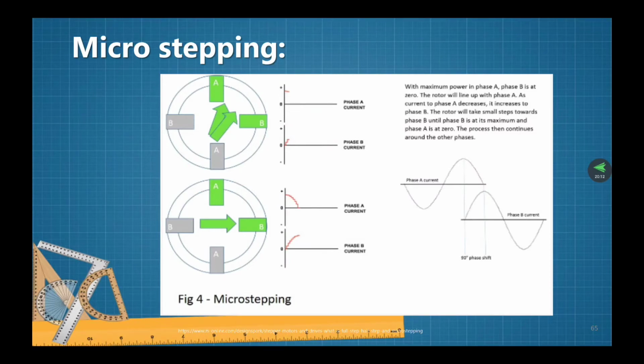The rotor will line up with phase A. As current to phase A decreases, it increases to phase B. The rotor will take small steps towards phase B until phase B is at its maximum and phase A is at 0. Then the process continues around the other phases.